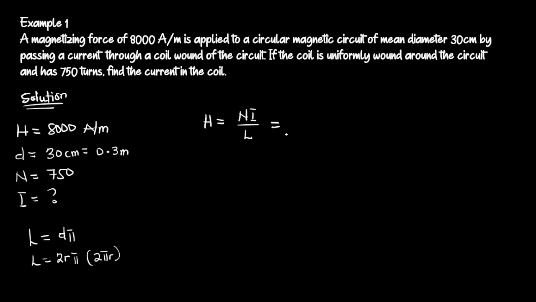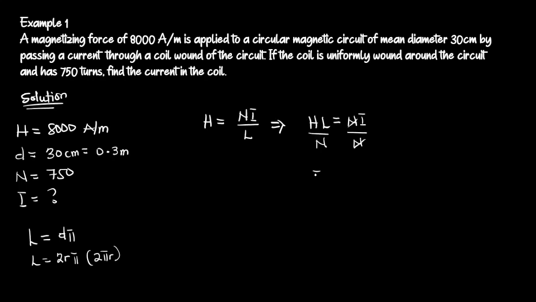So let's make our current the subject, so I can do the substitution very easily. If I cross multiply, I will have HL is equal to Ni, and because I want the current I, I'll divide both sides by N, the number of turns.